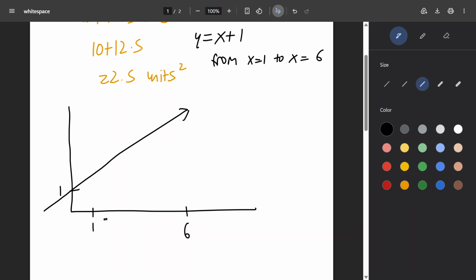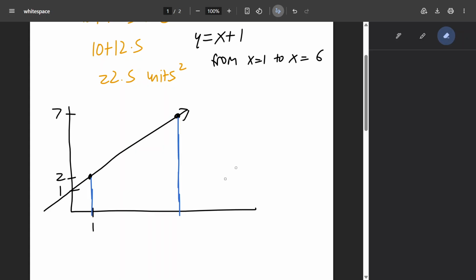Okay, great. So at x equals 1, the output is going to be 2. And when x equals 6, our output is 7. So we're calculating the area of this trapezoid right here. I'm going to write this a little bit better.